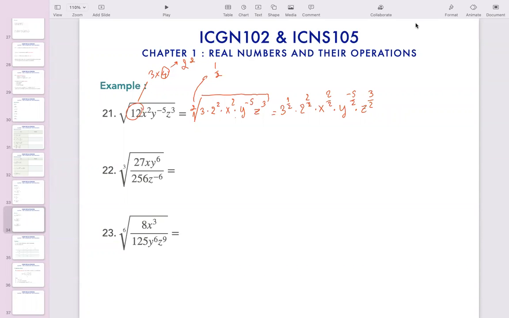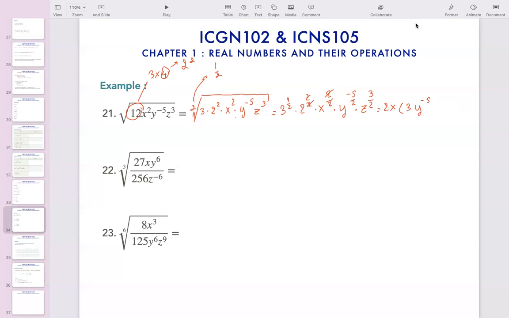So you can see that for 2, I can eliminate the exponents, and x as well, I can eliminate the exponent. So that means I have 2x in front. And the rest of them, I still have 3 times y to the power of negative 5.